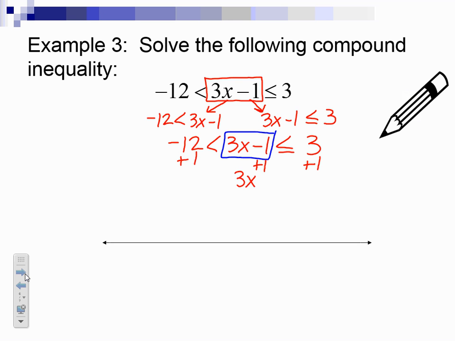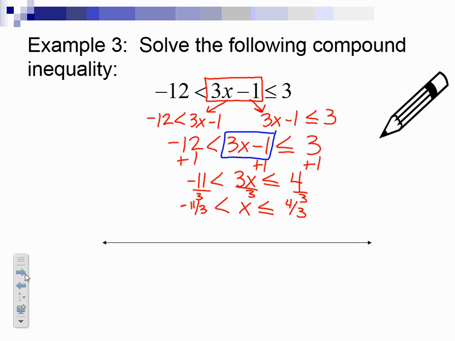So I'd end up with 3x, 3 plus 1 is 4, negative 12 plus 1 is negative 11. Okay, and now I'm going to divide by that 3. And I'm just going to leave those answers as fractions. Feel free to think about them as a decimal approximation as we go to make this number line.